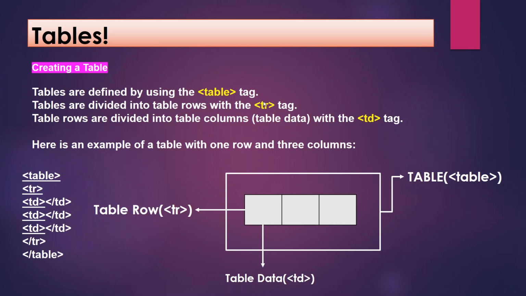So HTML simplifies this and it tells us this word as TD. It means table data. So table row, table data, and table are the three tags which you come across when you're going to start creating a table. Okay, table row, TR, table tag, and TD, table data tag.